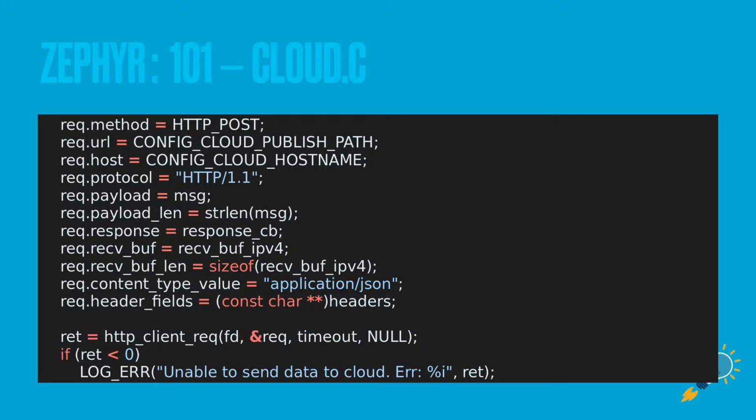We are dealing with JSON, so that's important here. And we are setting those headers from before and just pointing it to the header fields. And then we're calling the HTTP client request, which is using that socket number, that FD, and we're using a reference to the request. We're setting a timeout as we need to.